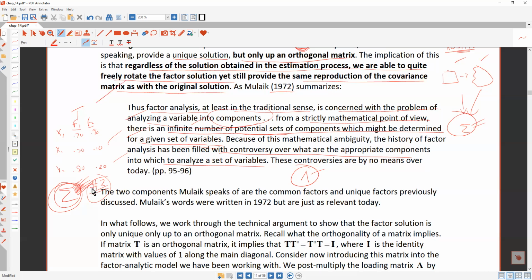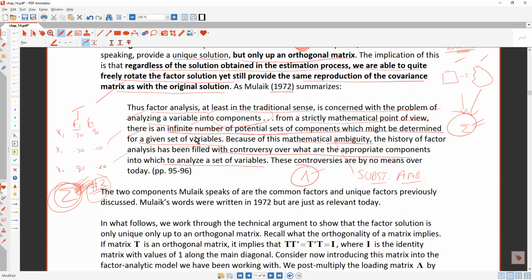Because all of these things will still fit the factor analysis model. So in other words, there's an ambiguity. There's a mathematical ambiguity. And if there's a mathematical ambiguity, then there is a substantive ambiguity, unless we've got some way of making sense out of this to get us out of this mess.